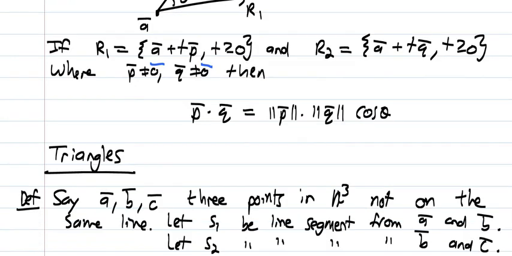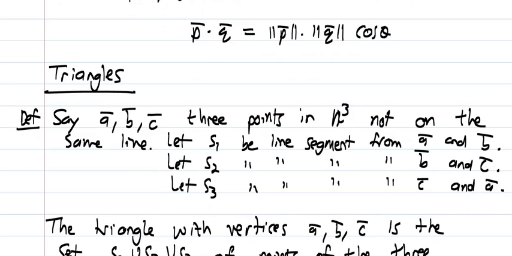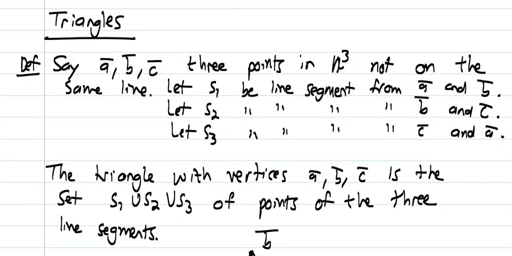Now the next thing that I want to look at in this video is triangles. How would we define triangles in our model? We know that a triangle has three vertices. So say we have three vertices A, B, C, and let them be 3 points in R3, not on the same line. Very important: you've got to have 3 points in R3, not on the same line.